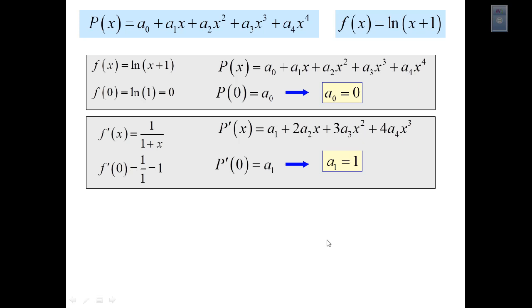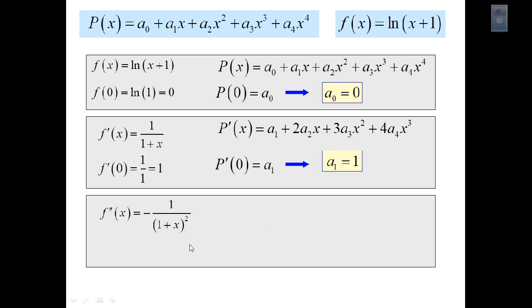All right, and all we're going to do is continue doing the same thing around 0. Everything that has an x in it, when we evaluate it at 0, goes away. So the next coefficient we're going to find is a sub 2, by taking the second derivative.